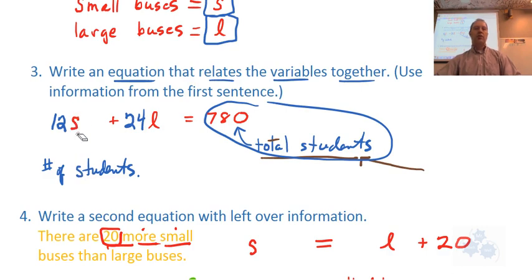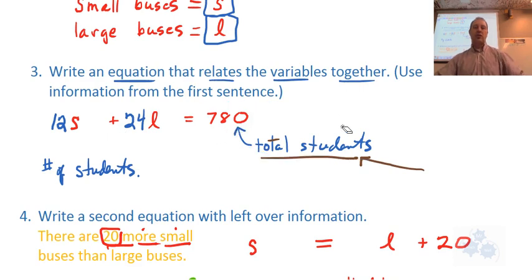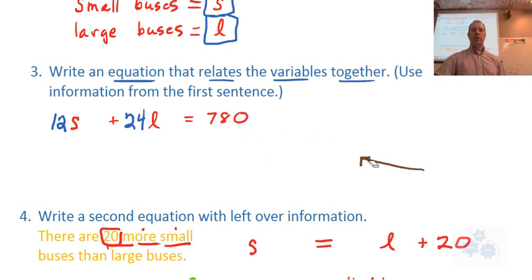So the total number of students that would go in all of the small buses would be 12 times the number of small buses. 24 kids can fit in the large buses. So we would say 24 times the number of large buses would be all those kids. If we add them together, we get the total number of students. And so this is where this equation comes from. The first equation is 12S plus 24L equals 780.